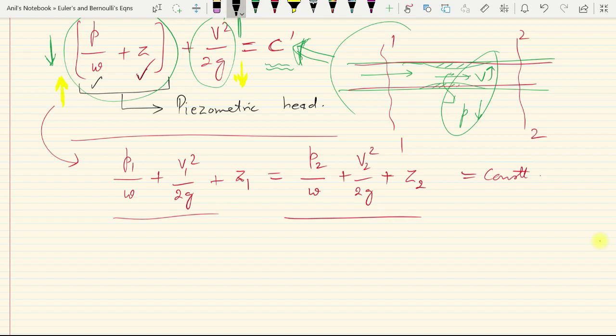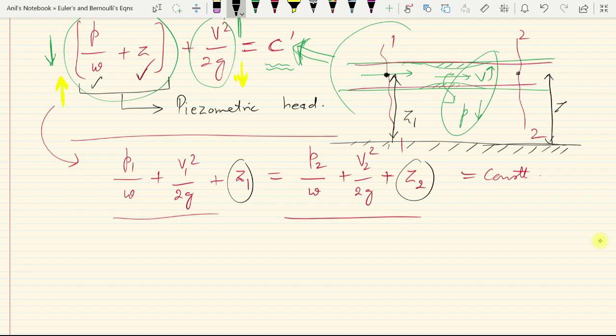Now here Z gives the height of the section 1 with respect to some datum. This height is Z1 and this height is Z2. If these two are at same levels, then Z1 will be equal to Z2 for the two points being considered at same levels.